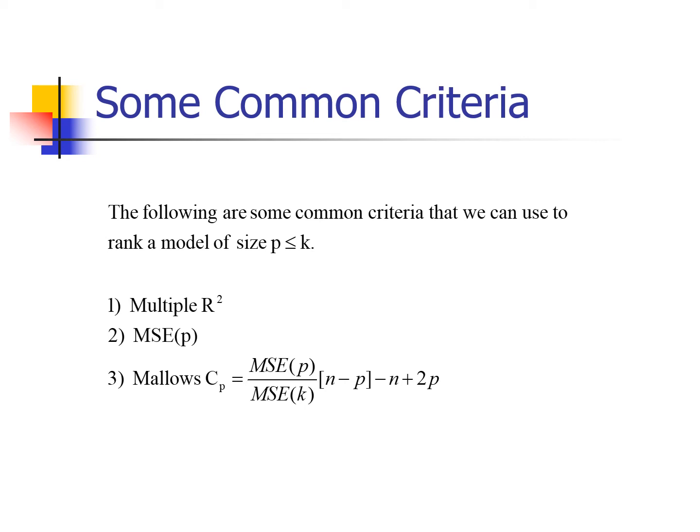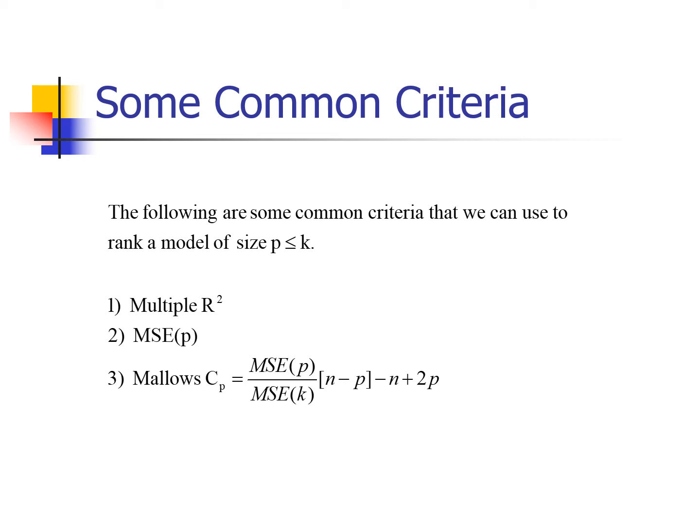And now look at the equation. If that ratio is about 1, what happens to that equation? I have an n minus n that cancels. I have a plus 2p and a minus p, so that becomes p. So if that ratio of MSEs becomes 1, that Mallows CP formula essentially is just p.